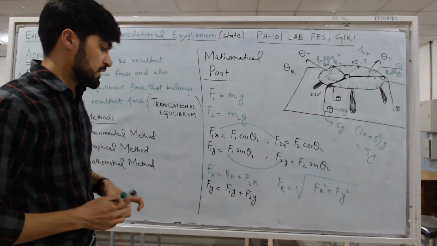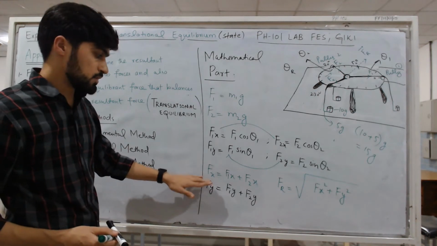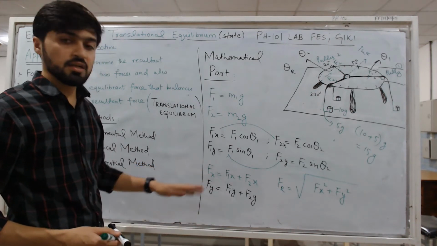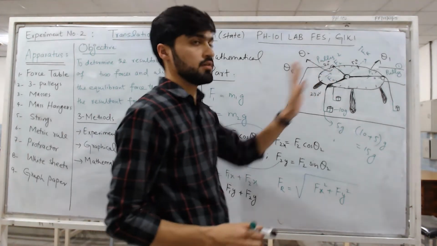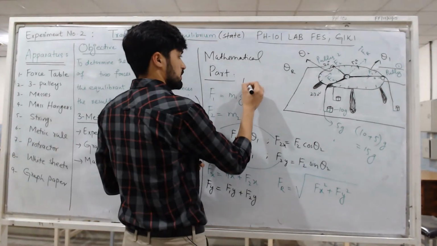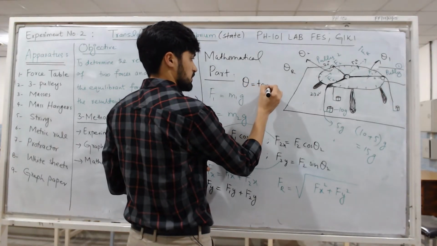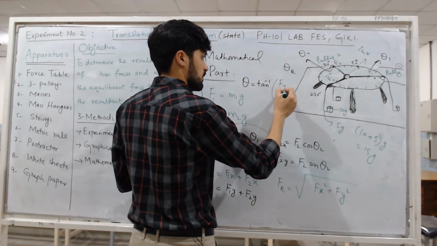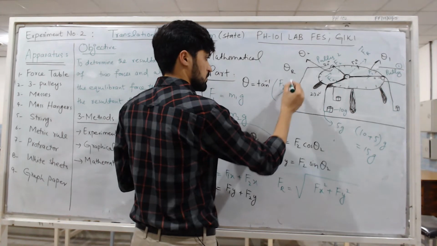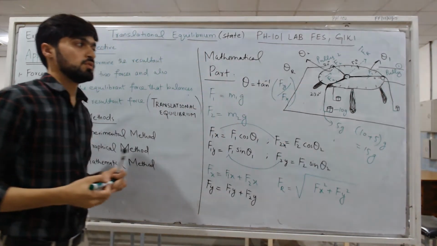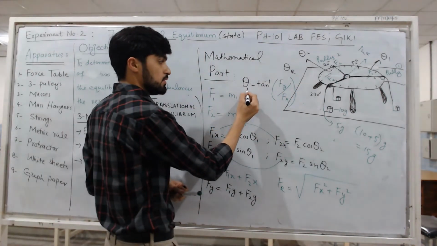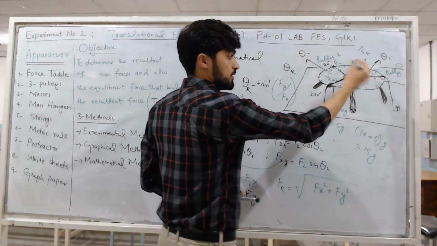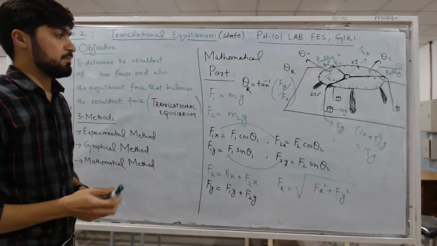Now if you know the x component and the y component of the resultant force, then you can easily find the direction of the resultant force. It is tan inverse of Fy by Fx. So this will give you the direction of the resultant vector. So this is the mathematical method.